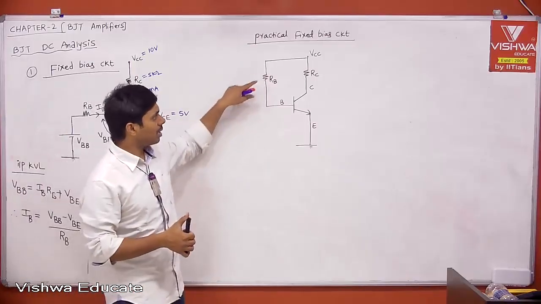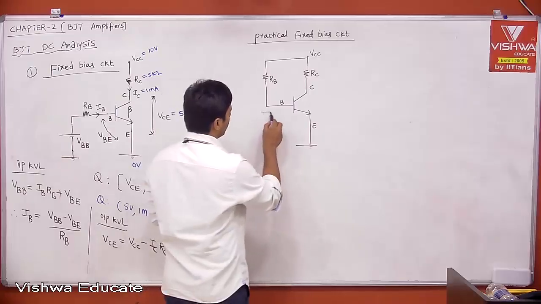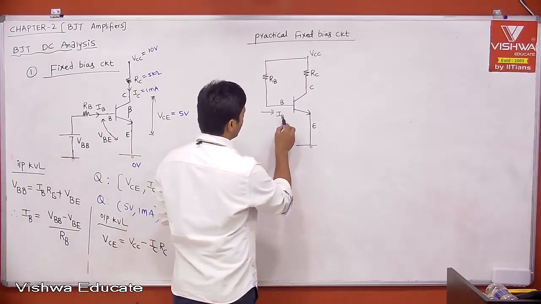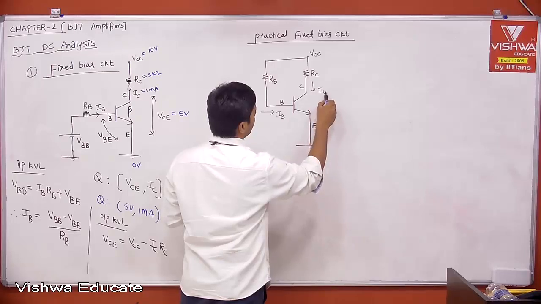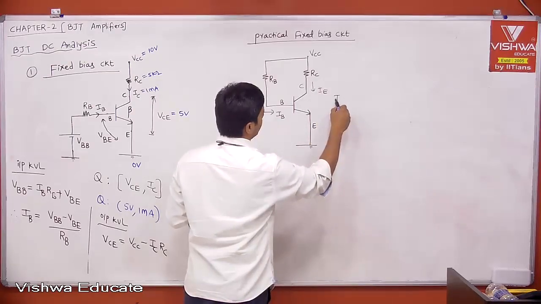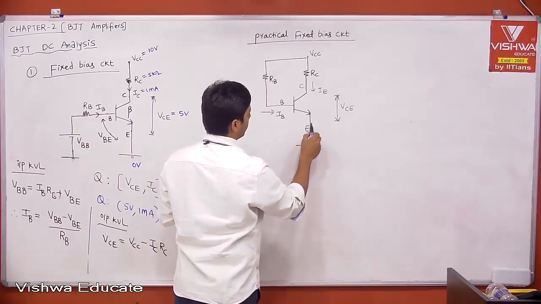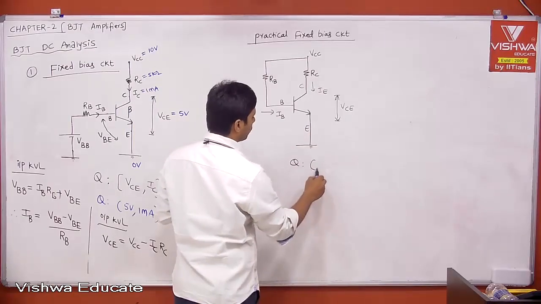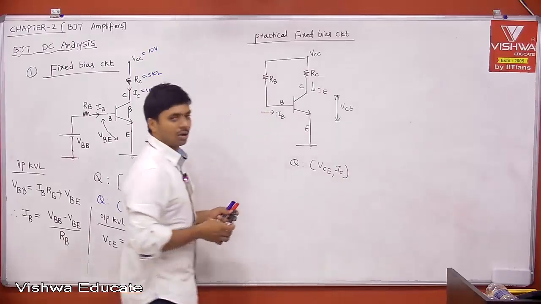Then you have to choose or change RB such that whatever IB you want, you can get it. This is our IB, this is what is going to give you IE, and this is what is going to give you VCE. Then your operating point is VCE comma IC. This is your operating point.